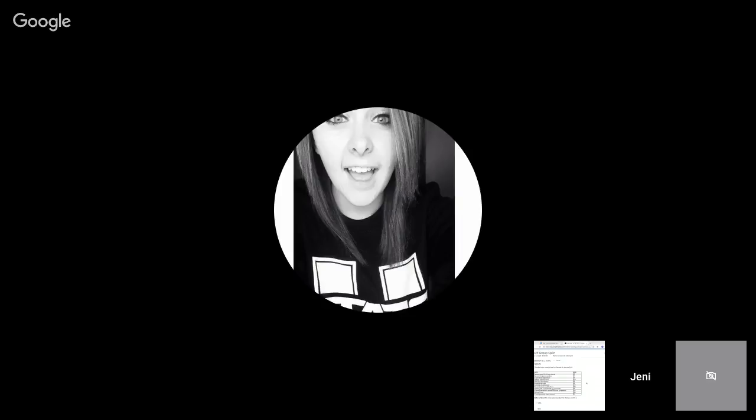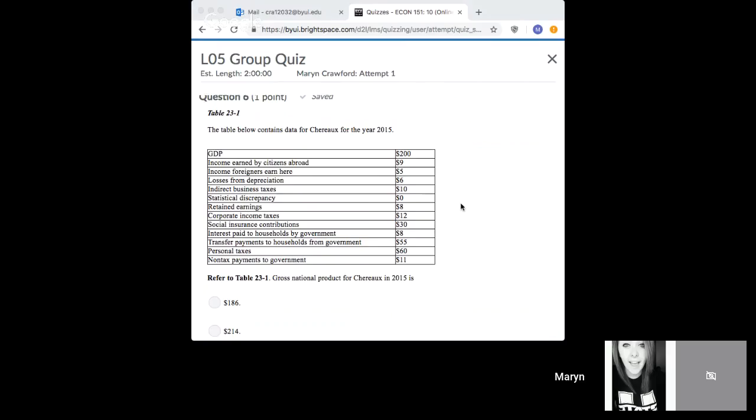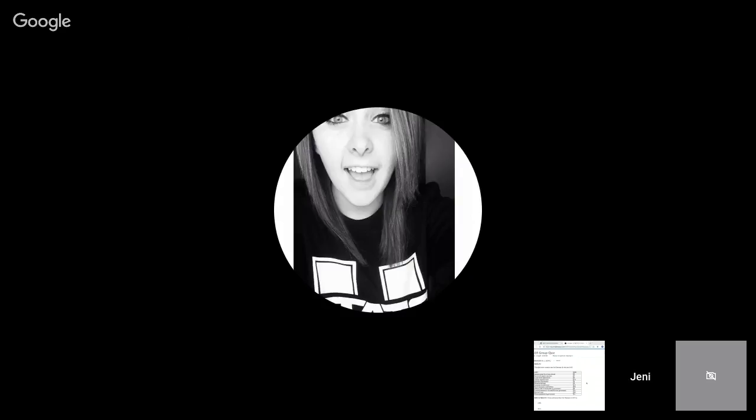For example, when a Canadian citizen works temporarily in the US, her production is part of US GDP, but it is not part of US GNP. It's part of Canada's. For most countries, including the US, domestic residents are responsible for most domestic production, so GDP and GNP are quite close.